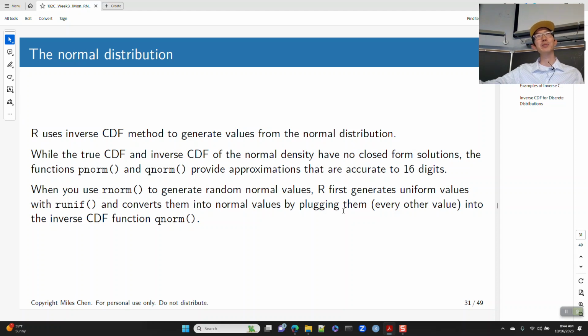You have the PDF of the normal, but if you try to integrate it from negative infinity to X, we don't have a closed form solution. So we don't have a functional form of the inverse CDF of the normal distribution either. We don't have a closed form solution for the CDF, and we also don't have one for the inverse CDF.